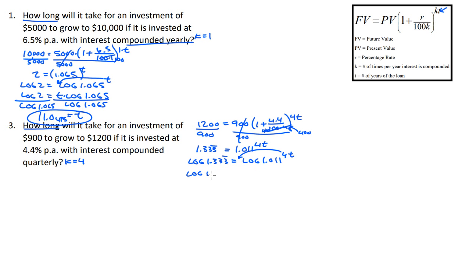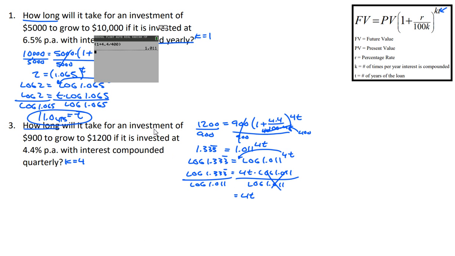So we get log 1.333 equals 4t times log 1.011. Divide both sides by log 1.011. This goes away. We're going to end up with 4t equals, and then we have to calculate this stuff out.